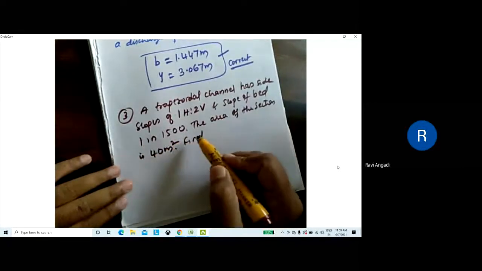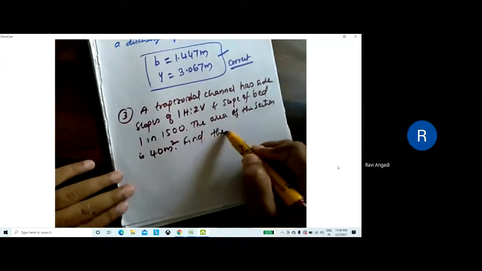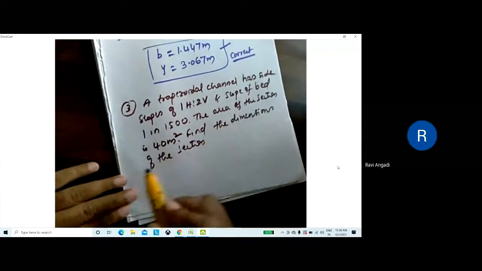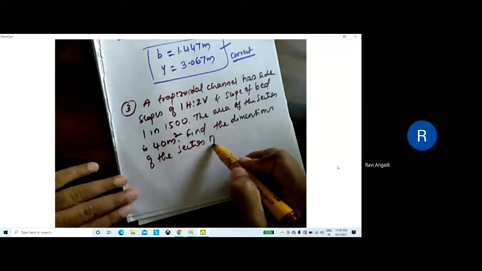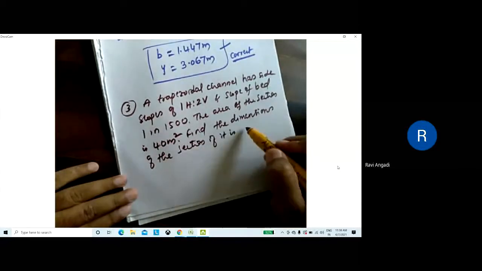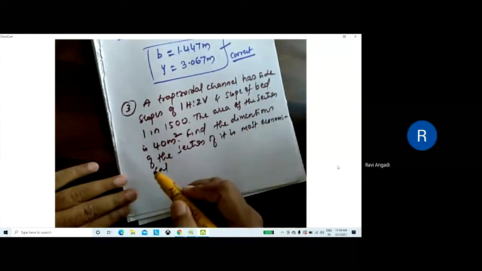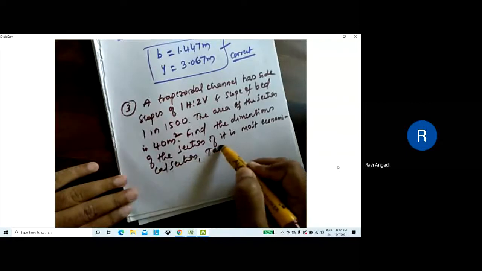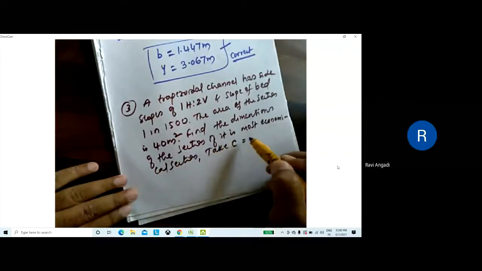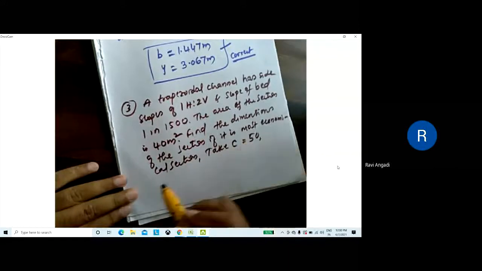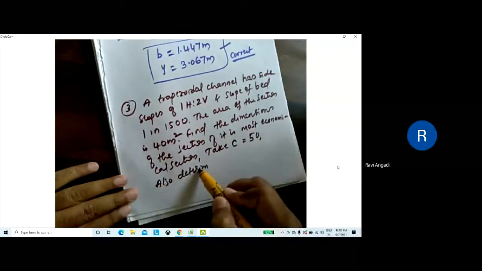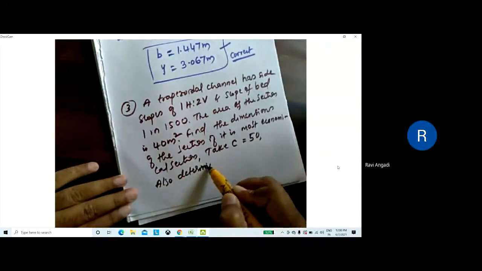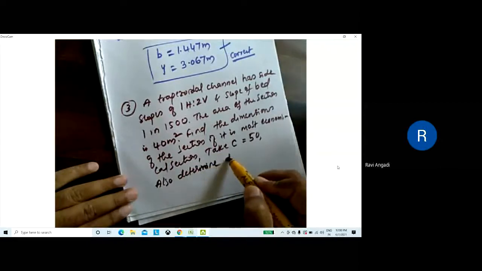Find the dimensions of the section if it is the most economical section. Take C equal to 50. Also determine the discharge.